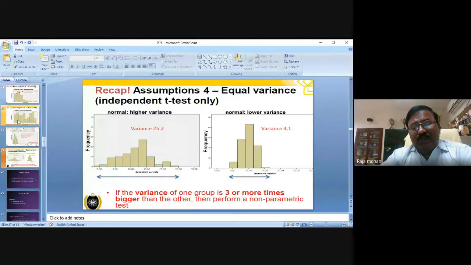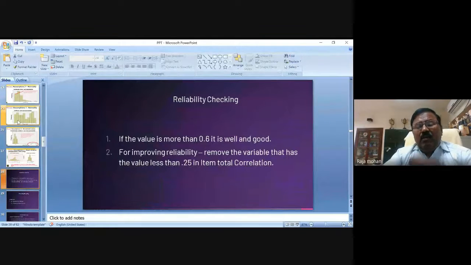For that we have to go for an alternative. Even in the bottom, we gave that if the variance of one group is 3 or more times bigger than the other, then perform non-parametric. Because we have variances like this, we can go for non-parametric.